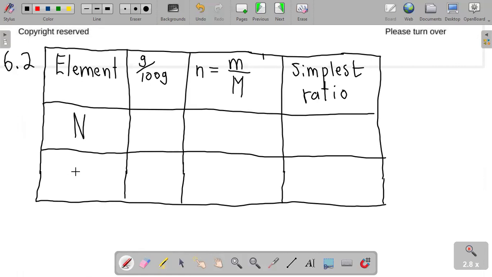So it's N and O. The percentage is 30.4 for nitrogen and 69.6 for oxygen. These numbers will go on top: 30.4, and then 69.6.